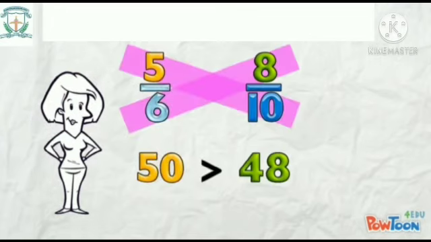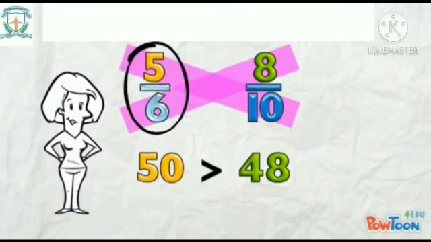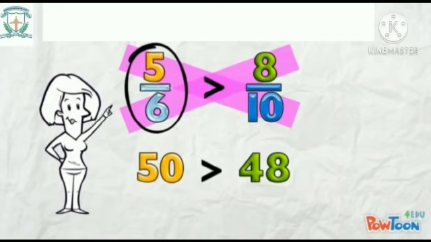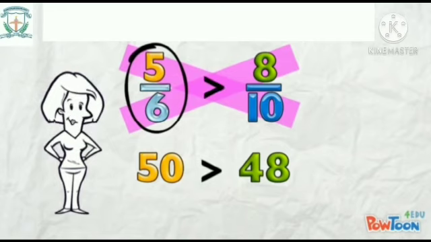Let us take another example, 5 by 6 and 8 by 10. We cross multiply the two fractions. 5 into 10 is equal to 50 and 6 into 8 is equal to 48. As 50 is greater than 48, 5 by 6 is greater than 8 by 10.